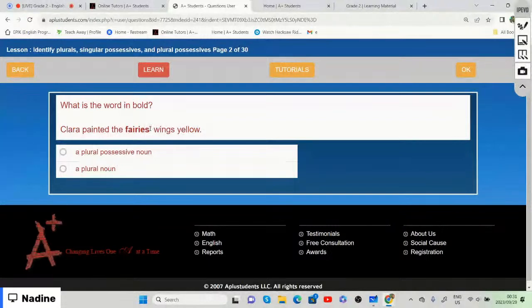So this shows a plural possessive noun because it's fairies. Fairies' wings are yellow. So Clara painted the fairies' wings yellow. So we can say it's a plural possessive noun. It's not a plural noun. There is an apostrophe.